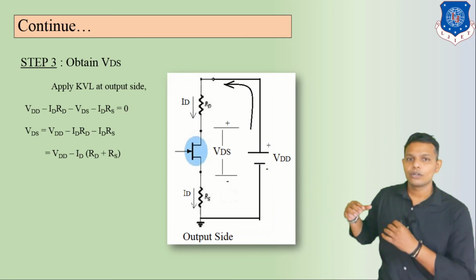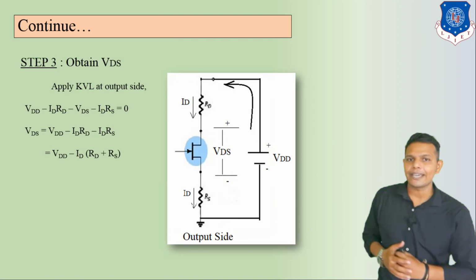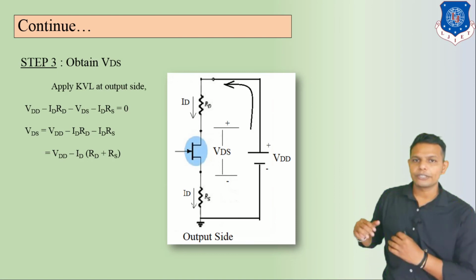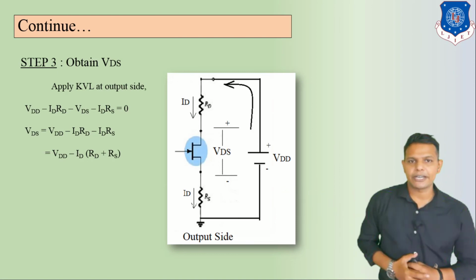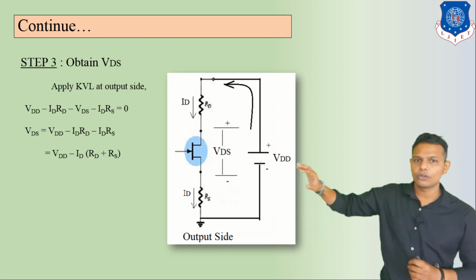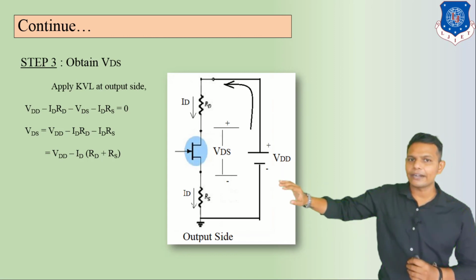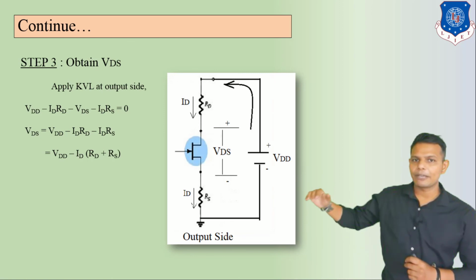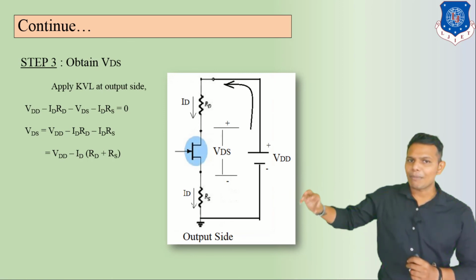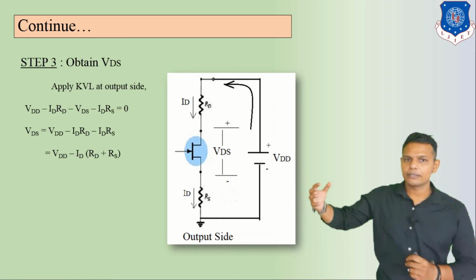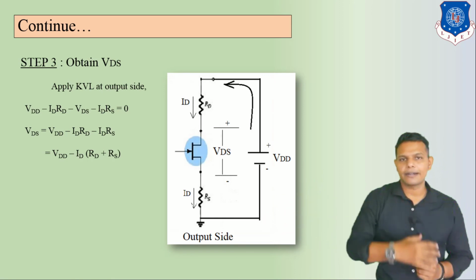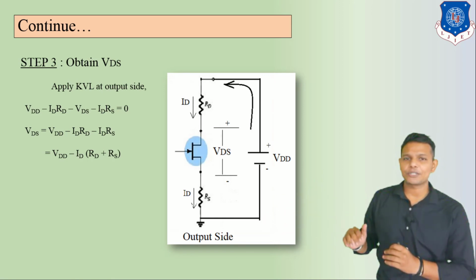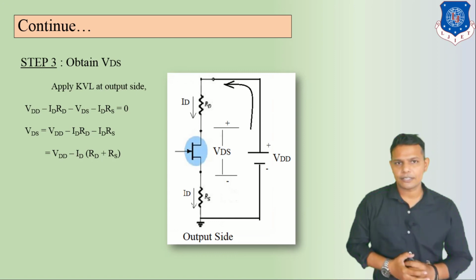Now we have to find the expression of VDS, so we should take VDS as the subject. VDS is equal to VDD minus IDRD minus IDRS. So it becomes VDD minus ID common, RD plus RS. So this is the final expression of VDS.